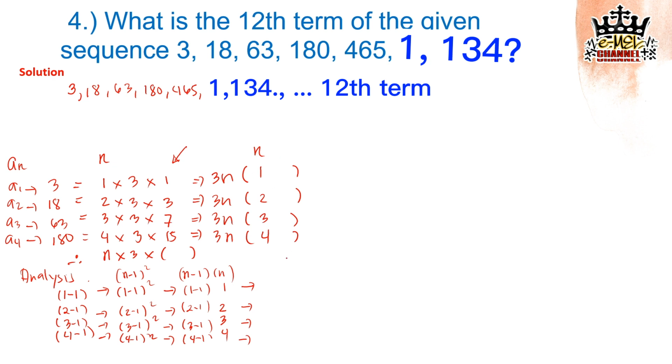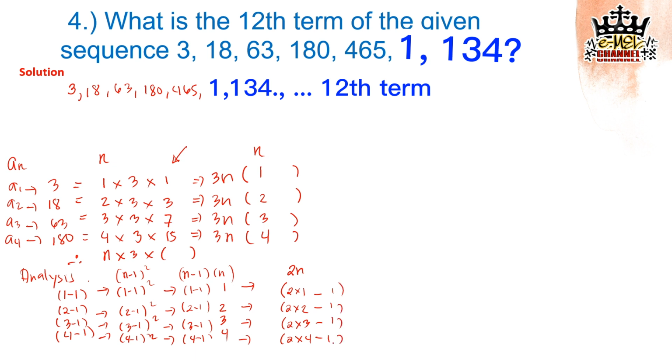So let's go back with the 2n. And we know n, 2 times 1. We have 2 times 2. We have 2 times 3 and 2 times 4. Then since that is 2, that is not 1, so we're going to subtract everything by 1.